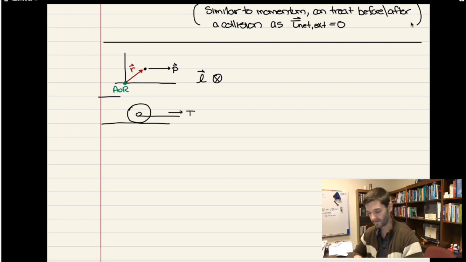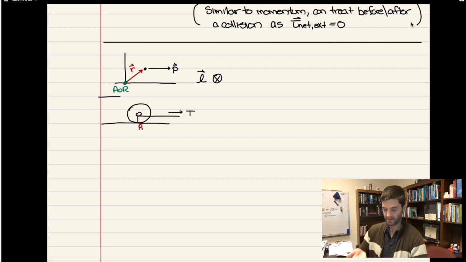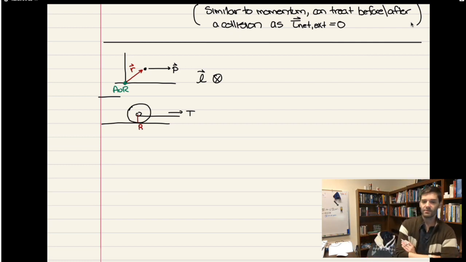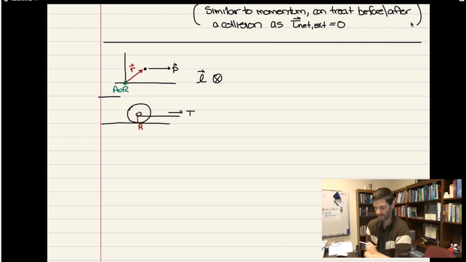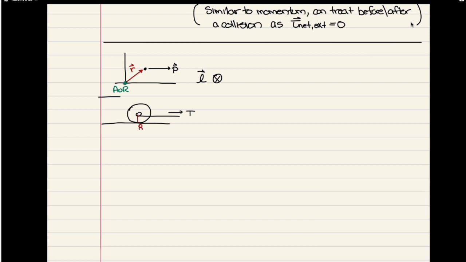Then the yo-yo itself has some larger extent R. And if I arrange the yo-yo such that the cord wraps up from underneath the ball bearing like drawn, the question is, what happens if I give a very slight tug on the rope of the yo-yo? All right, so you tug on the rope with a force T.